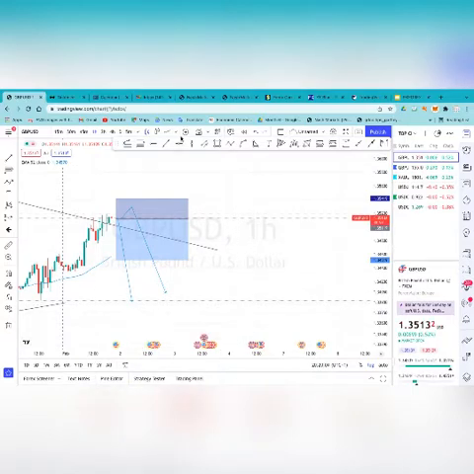Okay, so now this is my cursor here. Let's say, for instance, the market for pounds is currently at 1.35115. Don't mind my writing.